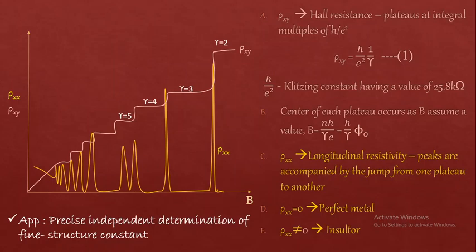Quantum electrodynamics is a very vast topic, and the fine structure constant is a very important term when you study quantum electrodynamics, and the precise determination of that constant can be done using this quantum Hall effect. That's why understanding the quantum Hall effect becomes very important when you consider quantum effects in low dimensional systems.